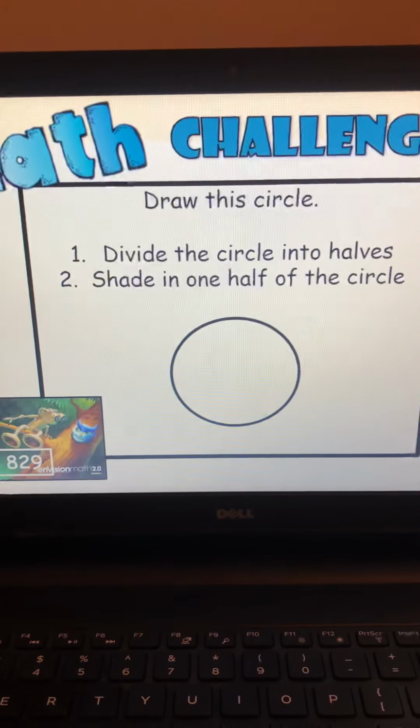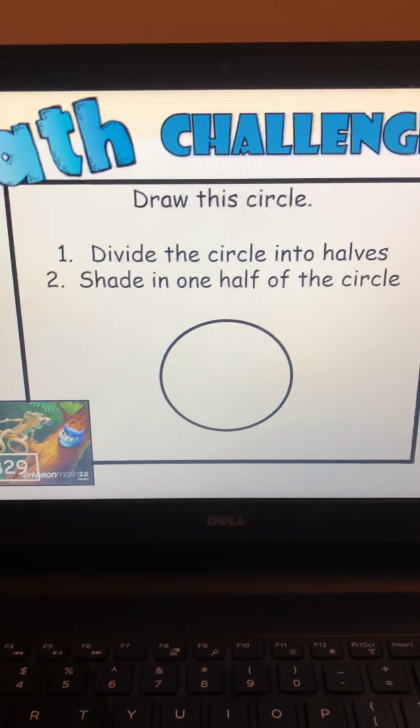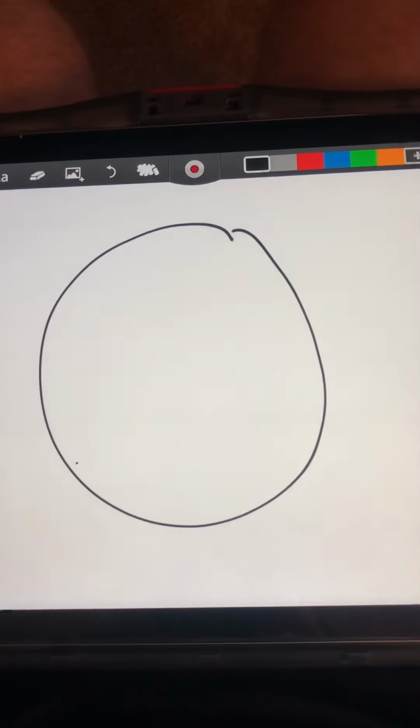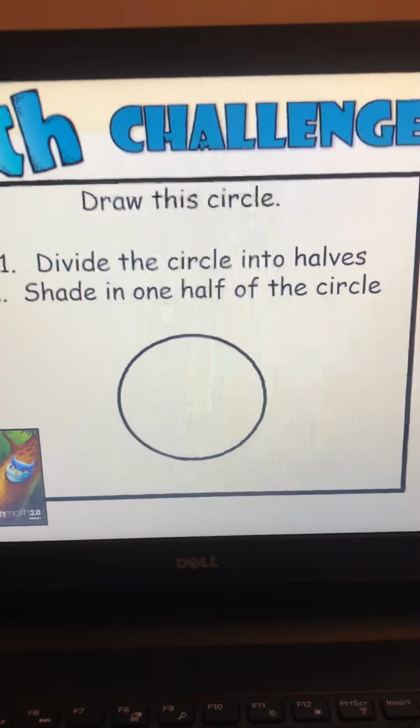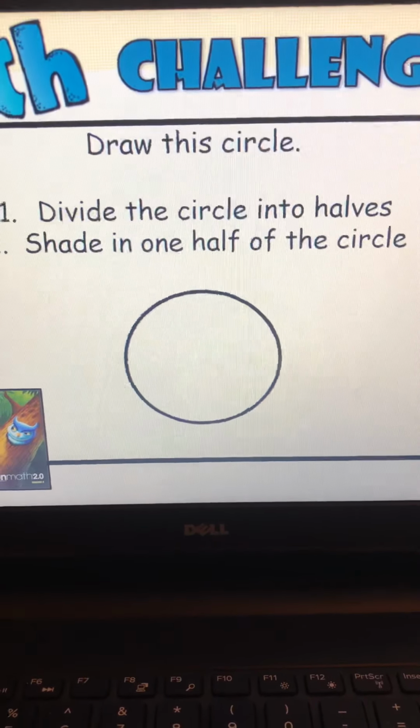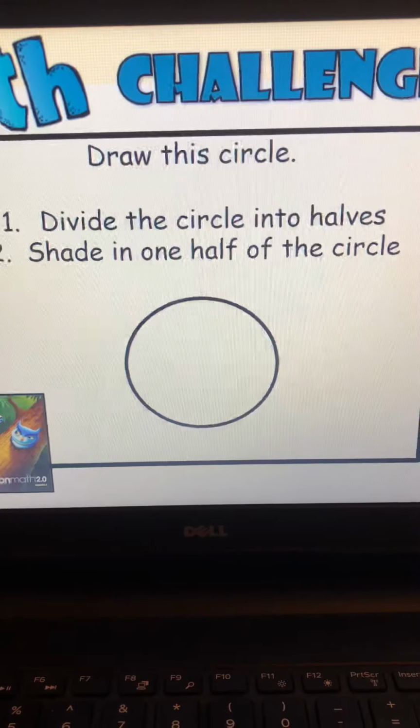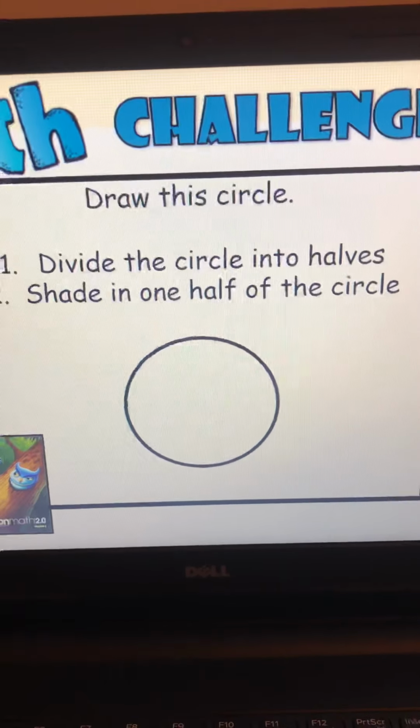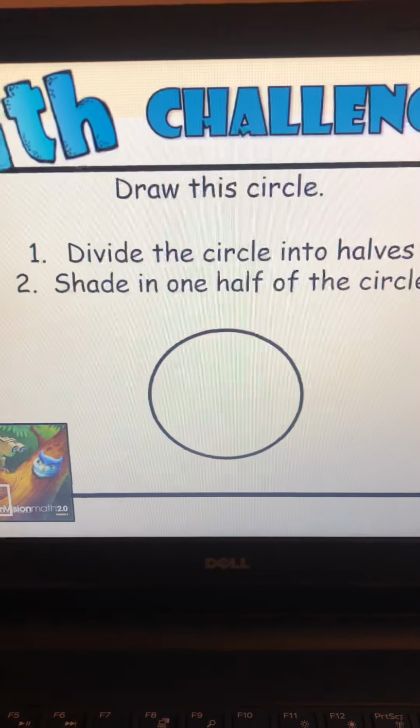And then finally, our challenge today is to draw the circle. So go ahead and draw that circle on your Show Me app. Divide the circle into halves. So when it says to divide into halves, it means to cut it in half.